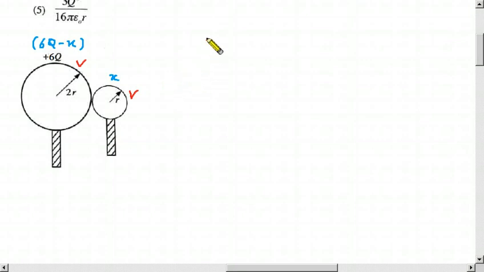So we write V equals V to find the charges. You don't have the 1 over 4 pi epsilon naught right now, all those cancel. Now you can use the short method: the charge of the bigger one divided by the radius 2 times r.